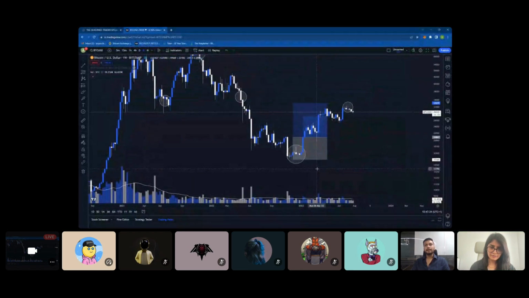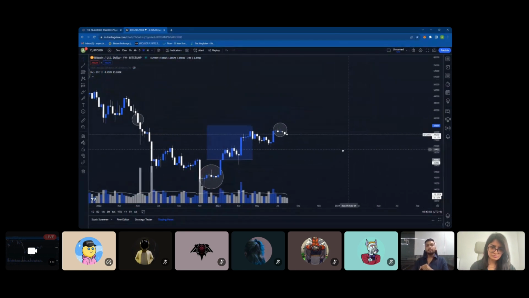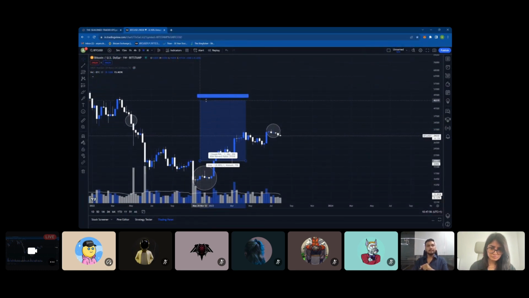And I'm going to wait for either the stop loss or the target to be hit. Once my target is hit, I'm going to book half my quantity, and I'm going to move my stop loss from here to my entry price.